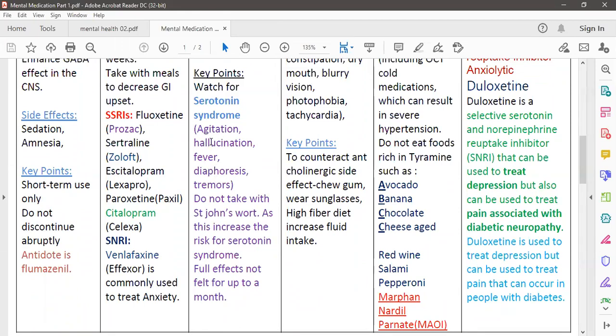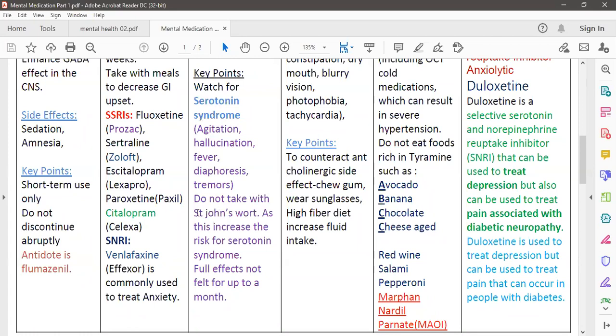Agitation, hallucination. Hallucination means abnormal sensory perception or belief, right? Patient body temperature increases with excessive sweating, and also the tremor. All of those signs and symptoms together are called serotonin syndrome. Because of the SSRI, like Prozac or fluoxetine, citalopram, they can cause serotonin syndrome. And do not take with St. John's wort.